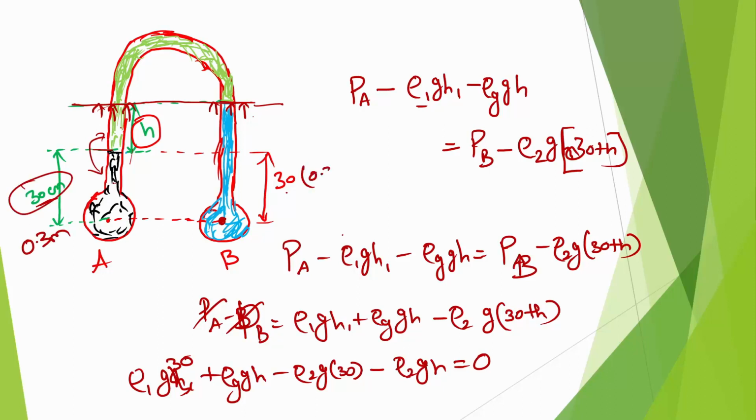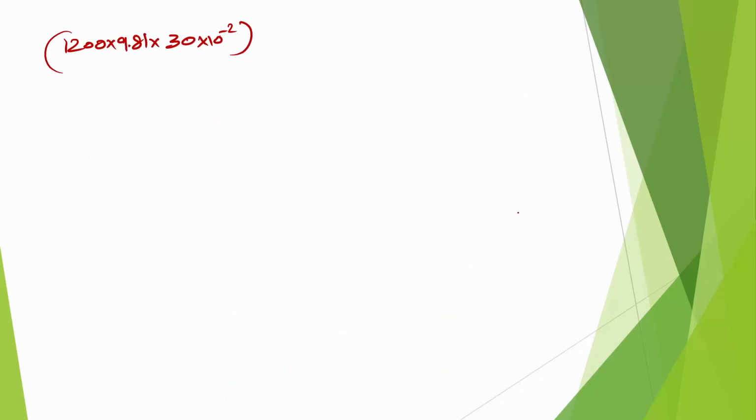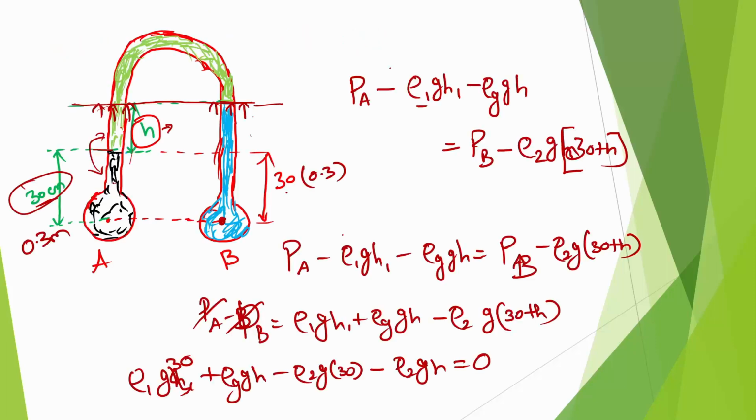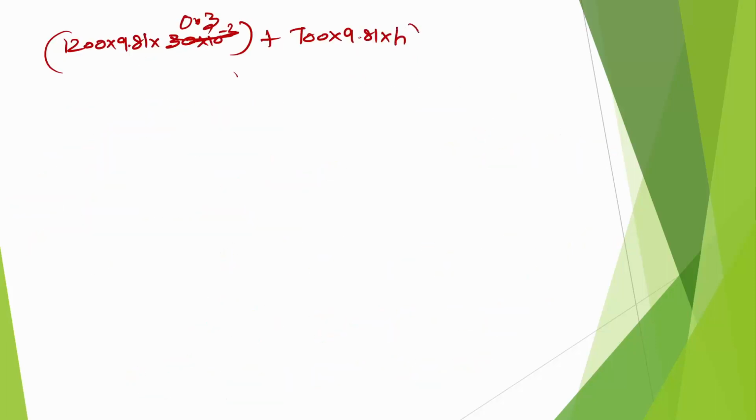We can keep h as it is because the final answer will give us the value in terms of meter. So this is 0.3 instead of 30 into 10 power minus 2. I'm taking it as 0.3 plus rho G, that is 700 into 9.81 into h, which I don't know. That's what we have to find.